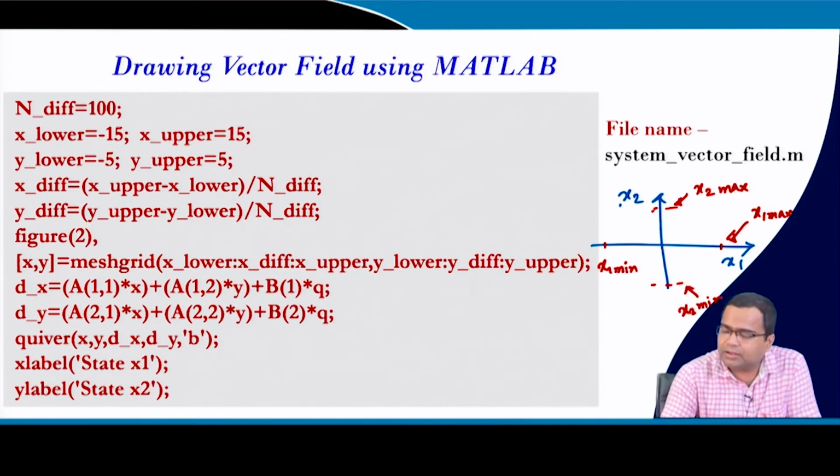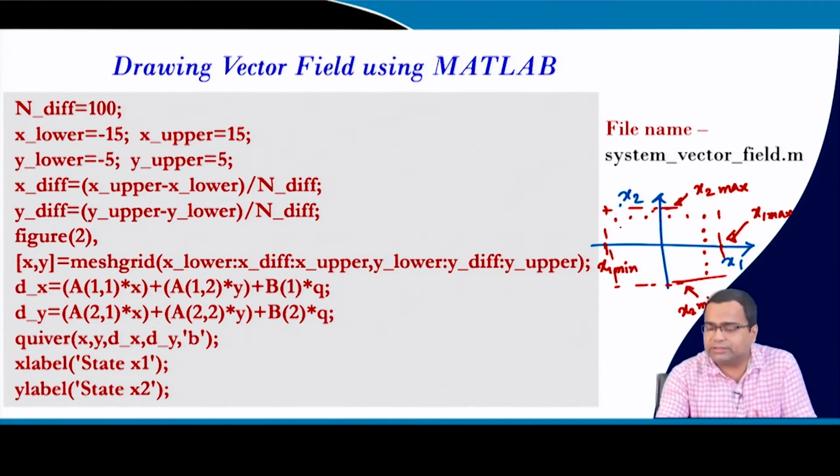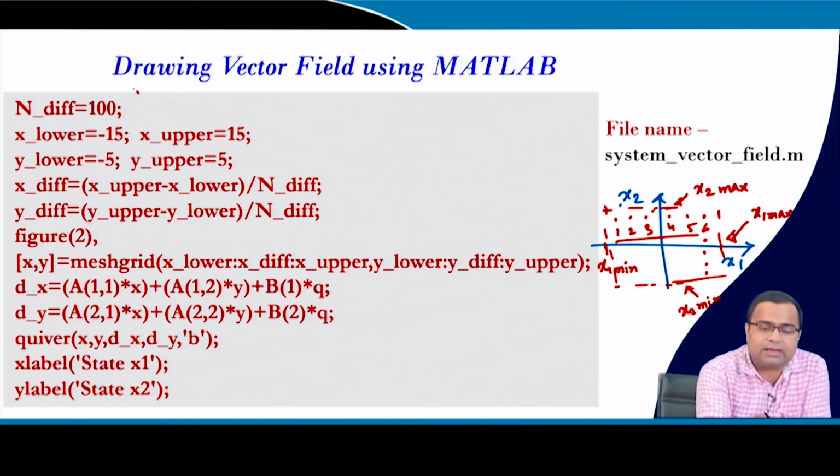Now, I want to create a grid with this. So, I want to take 1, 2, 3, 4, 5, 6 points along each axis. So, this is where the number of points is set.